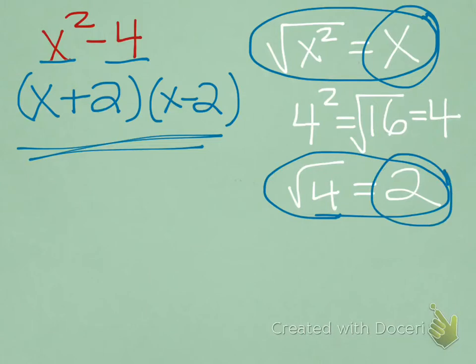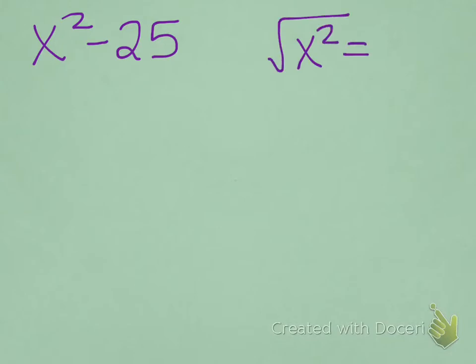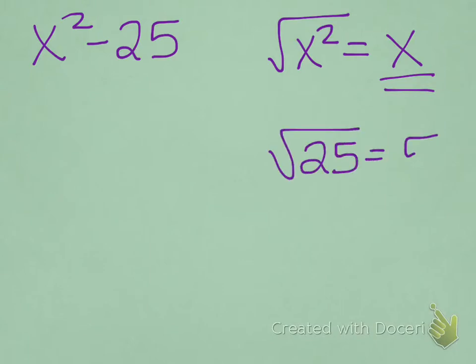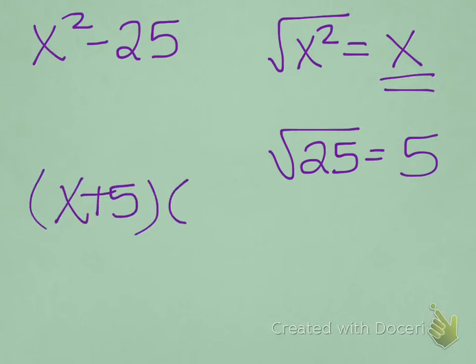So another example, x squared minus 25. Well, what's the square root of x squared? It's x. What's the square root of 25? It's 5. So my two factors are x plus 5 and x minus 5.